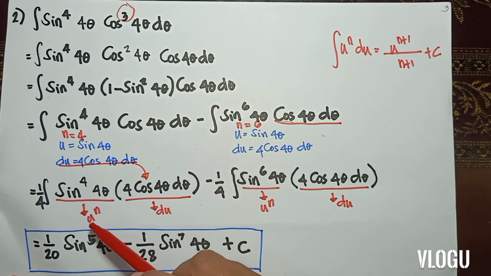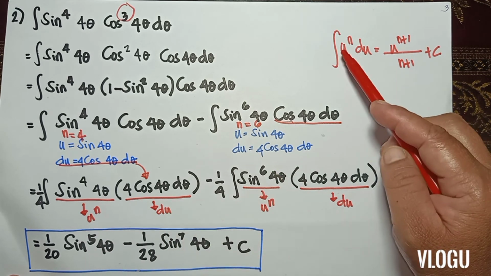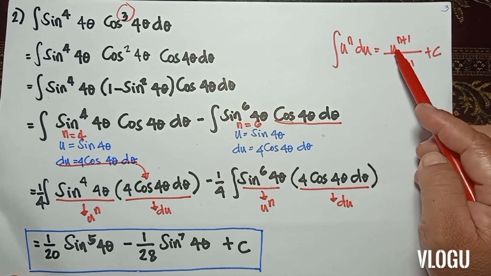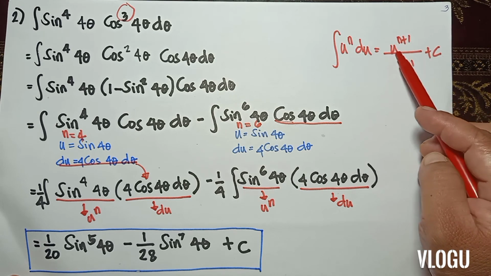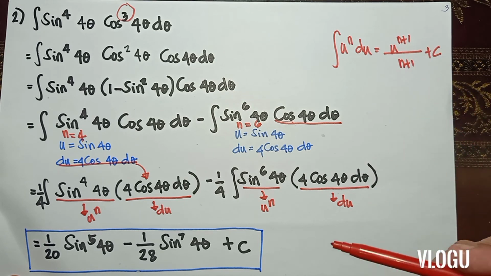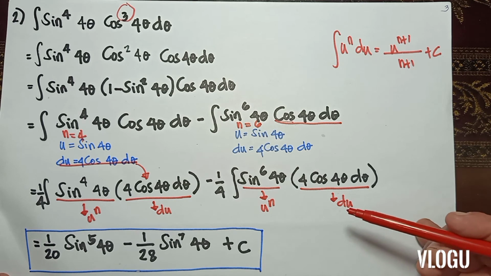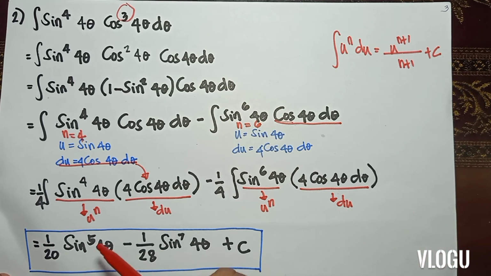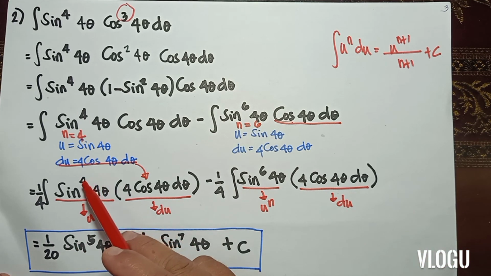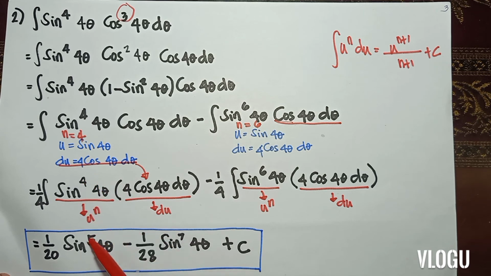Once you will have a form of u to the n du, proceed to u to the n plus 1 over n plus 1. So that's the reason we have n plus 1, that is 4 plus 1, that is 5 over 5 times 4, that is 20.